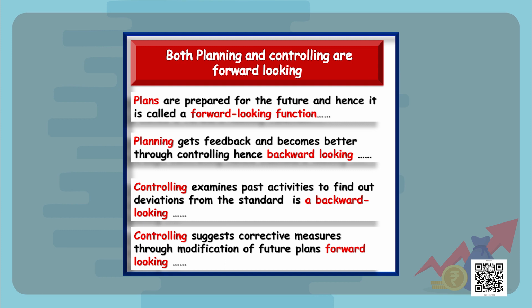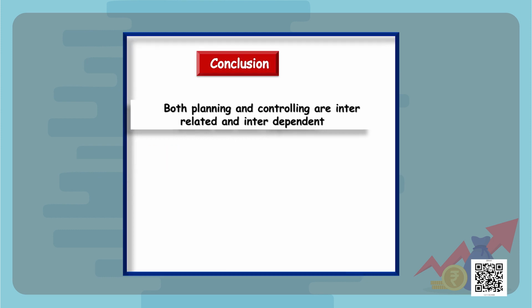Controlling examines the past activities to find out the deviations from the standards, hence it is a backward looking function. And controlling suggests that corrective measures should be taken through modification of future plans, hence it is a forward looking function. So, planning and controlling both are backward and forward looking functions.